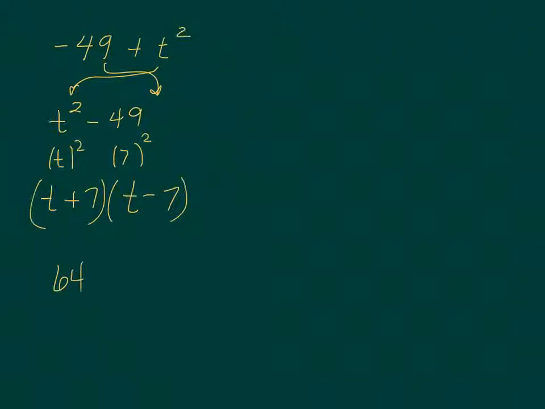What about 64x cubed minus 36x? Alright, so 64x cubed minus 36x. What do you notice? Well, in this case I notice that 64 and 36 are both divisible by 2.